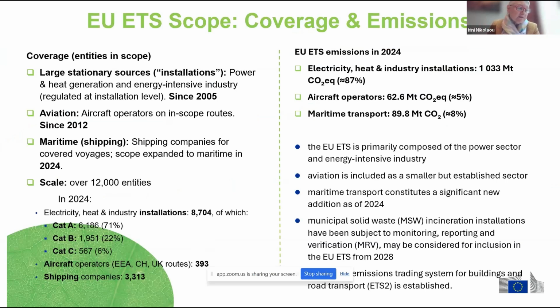In other countries, I can see that they call them facilities, or in other countries, they consider the companies the entities of their ETS. We consider in the ETS for stationary installations, the installation as an entity. It covers power and heat generation and energy-intensive industry.